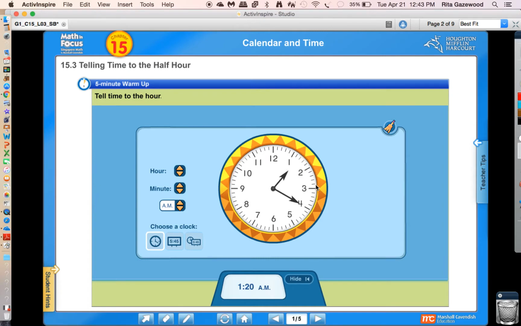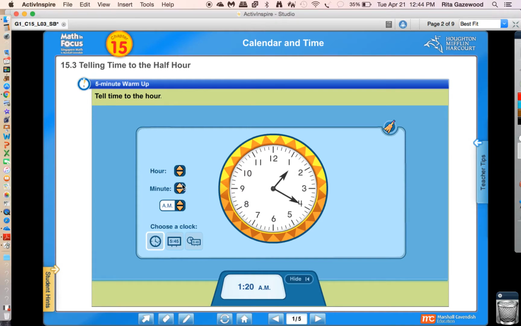5, 10, 15, 20. Now I want you to notice the hour hand. Notice how it's not pointing directly to the 1 anymore. As the minute hand moves around the face of the clock, the hour hand moves toward the next number. Because it's not exactly 1 o'clock, it's past 1, so the hour hand is starting to move past the 1 toward the 2.